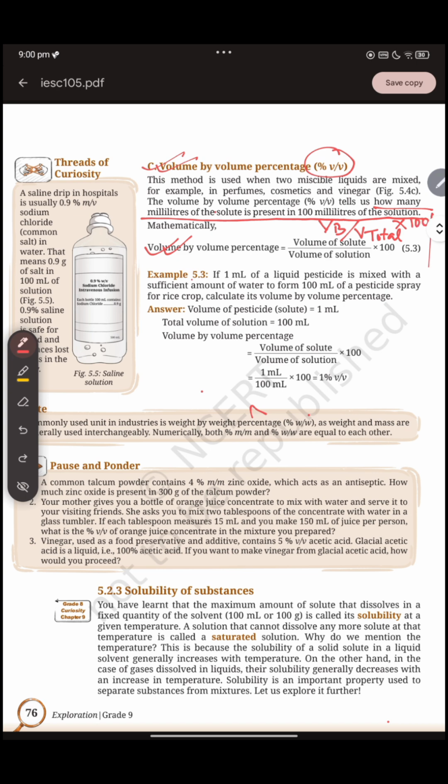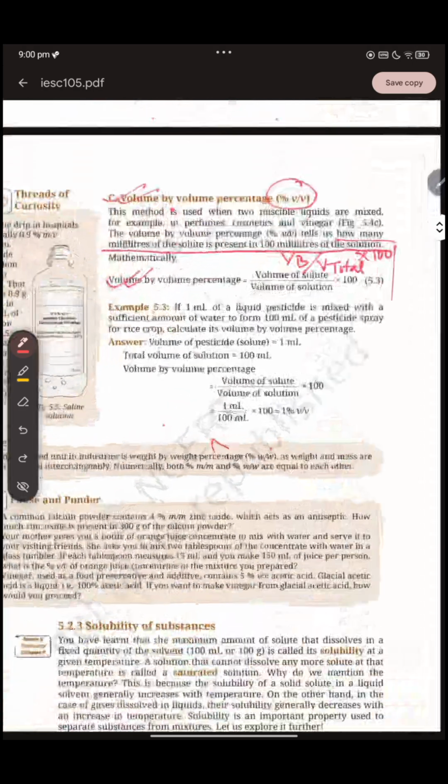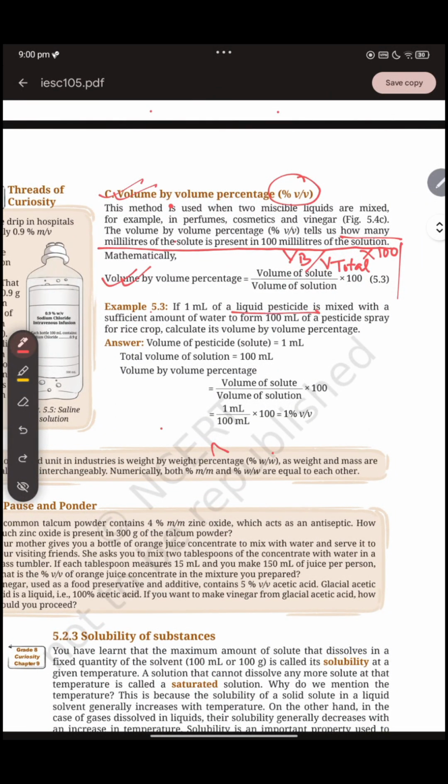Let us see this example. If 1 ml of a liquid pesticide is taken in sufficient amount of water to form 100 ml of the pesticide spray, that means this is your VB. Liquid pesticide is taken in 100 ml of the pesticide spray total.